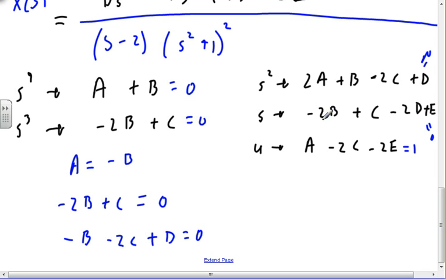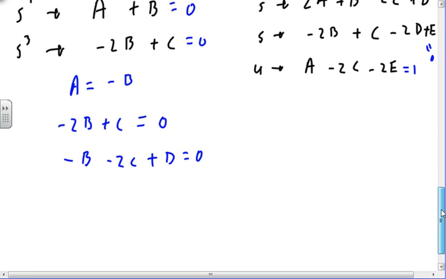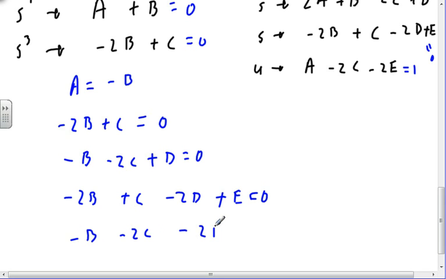I have minus 2B plus C minus 2D plus E equal to 0. And I have minus B minus 2C minus 2E equal to 1.